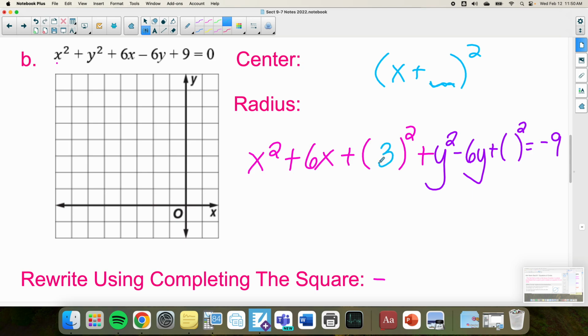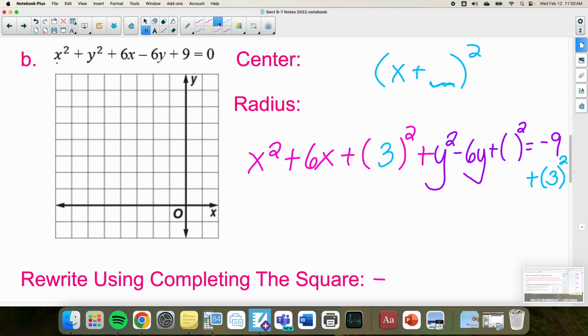So half of 6 is 3. So what I just did is I added 3 squared to the left side, and because it's an equation, whatever I add to the left, I have to add to the right. Okay, whatever you add to the left, you have to add to the right.